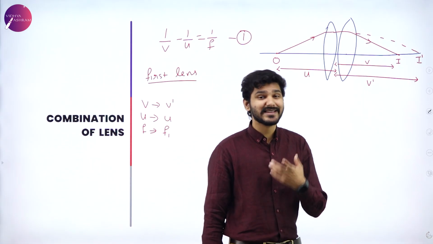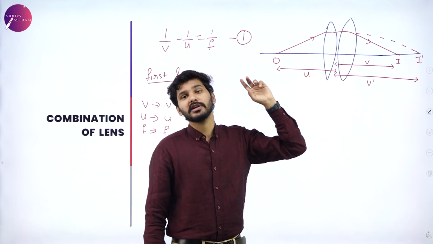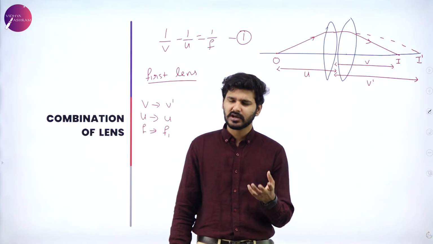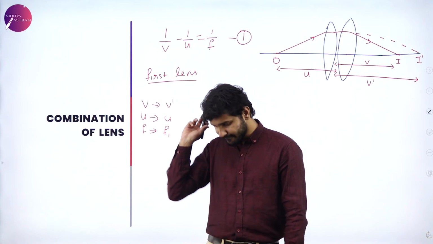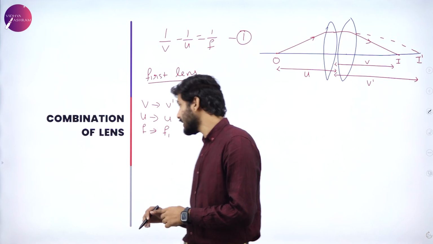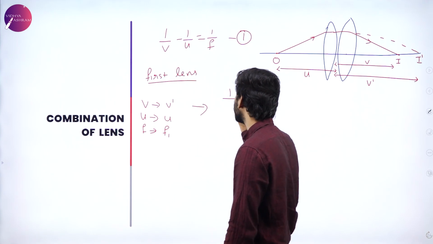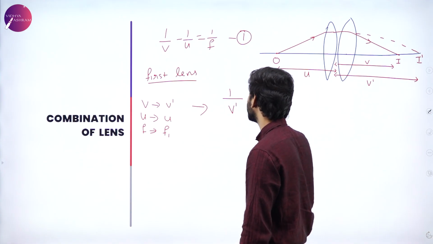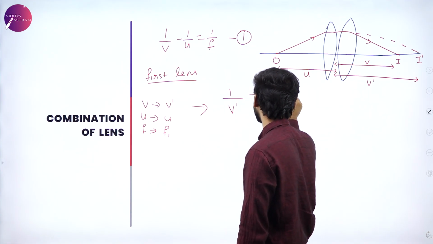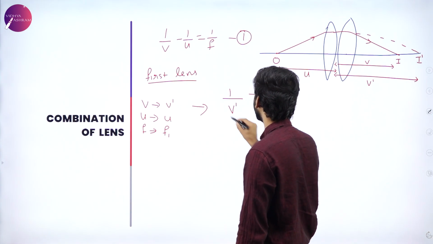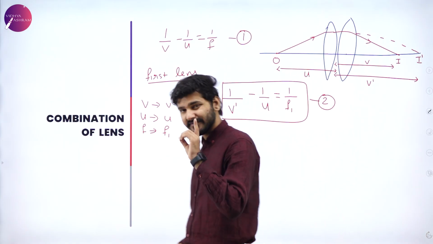From the center to the particular focus point, it is known as focal length. If I take it as F1, then I can write this equation as 1 by V dash minus 1 by U is equal to 1 by F1. This is the equation for the first lens.